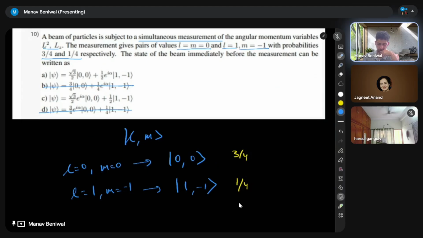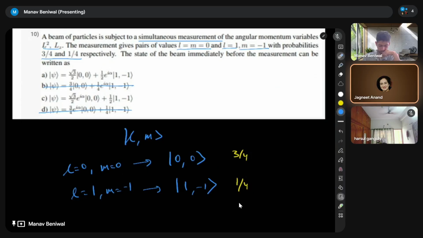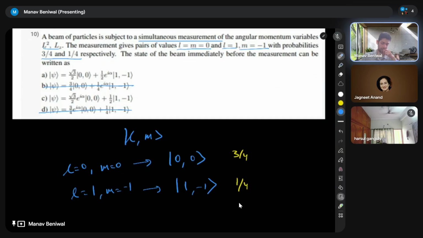Why first? When L and m are 0, 0, that can be taken as phase alpha 0 with respect to the 0, 0. We can have some phase in the other, 1 minus 1. Yeah, exactly. So the answer will be A.